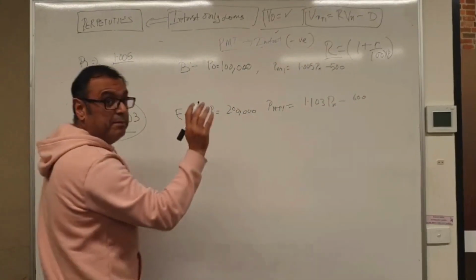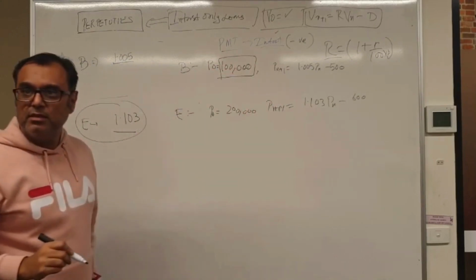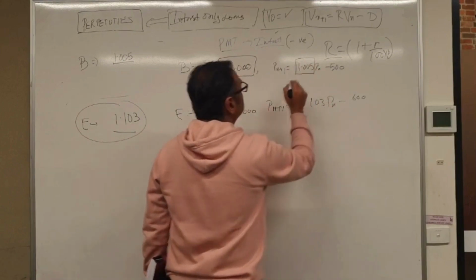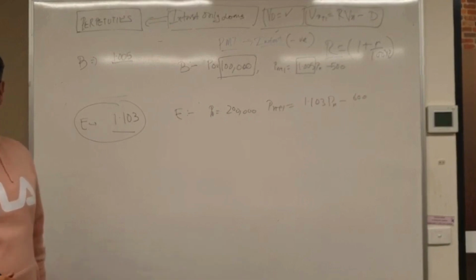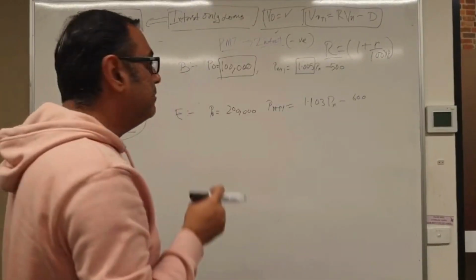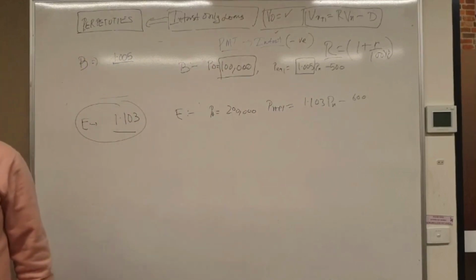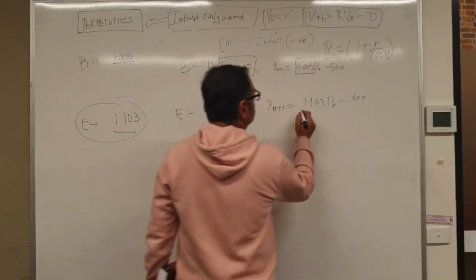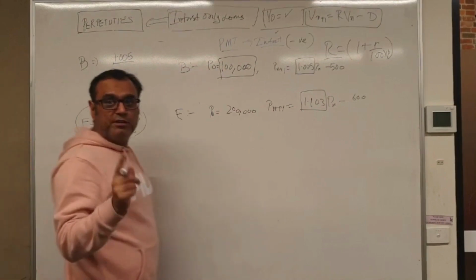So what it is telling me is that for $100,000 at an interest rate of, what's this interest rate? 10.3, right?